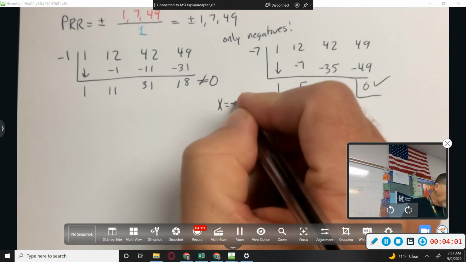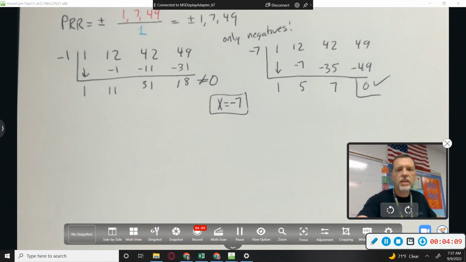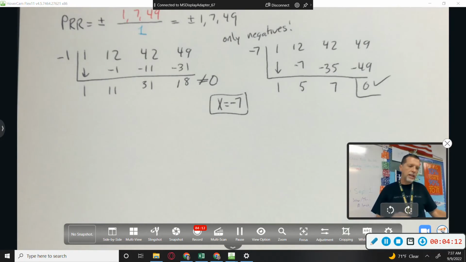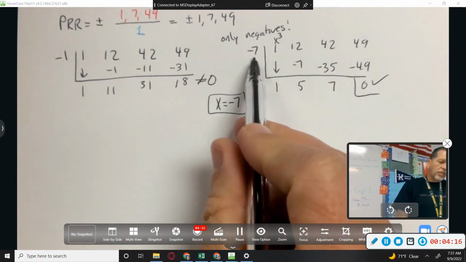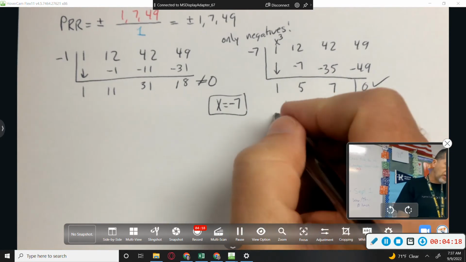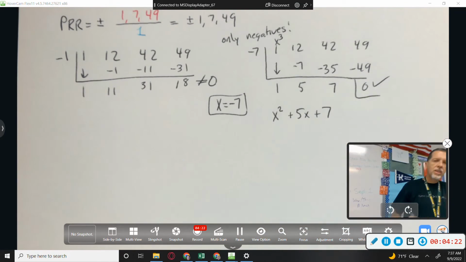So x equals negative 7 is one of my roots. What do I do with 1, 5, and 7? Yeah, that's now a quadratic. Right, I started with x cubed. I successfully divided with negative 7, so now I'm down to x squared plus 5x plus 7.